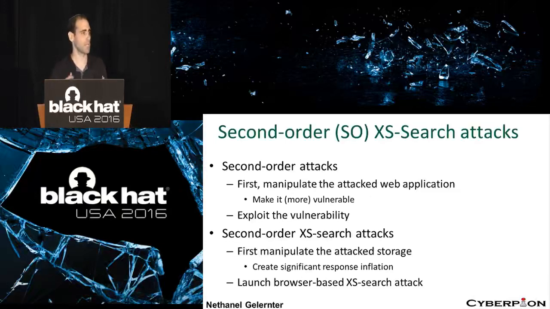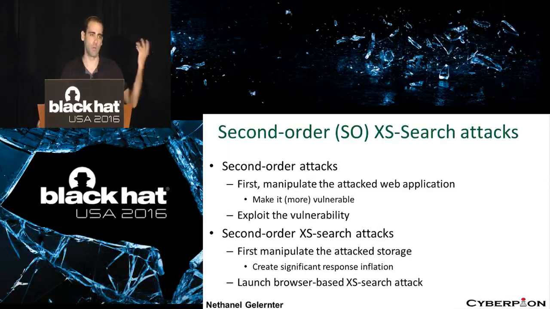And in the second step, the attacker just exploits the vulnerability. In second-order cross-site search attacks, in the first step, the attacker manipulates the account and creates a response inflation effect. And then, in the second step, the attacker can effectively launch a browser-based or the original cross-site search attack.